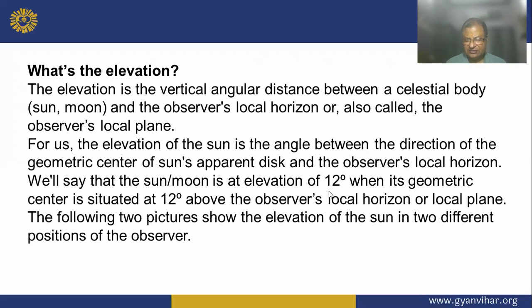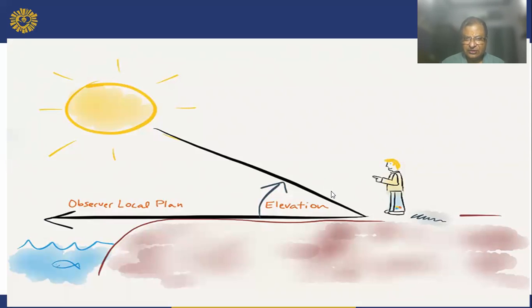We will say that the sun is at an elevation of 12 degrees when its geometric center is situated 12 degrees above the observer's local horizon or local plane. The following two pictures show the elevation of the sun at different positions for the observer. See this? This is, my dear boys, the elevation, and this is the observer plane.